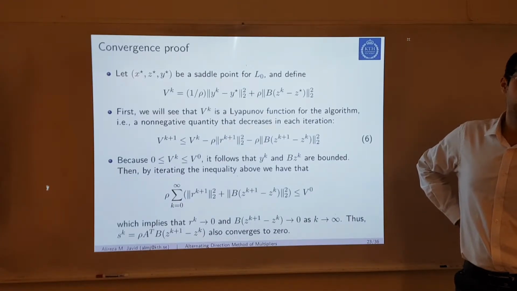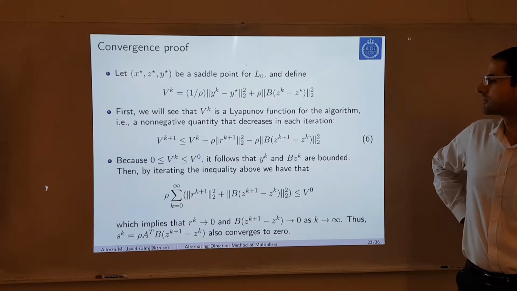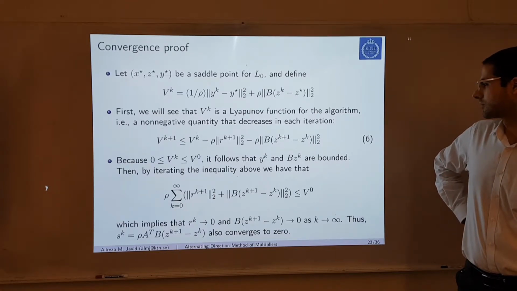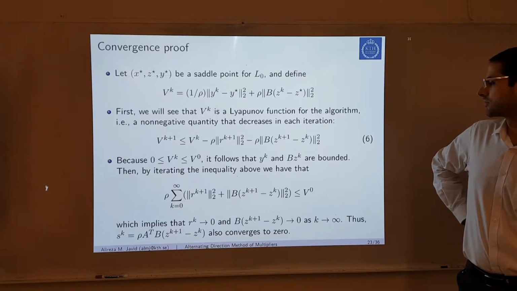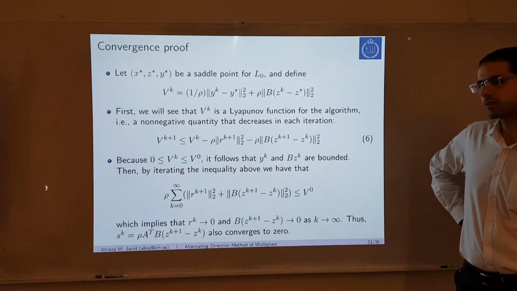Yes, I'm just saying that that should be an assumption: that yk minus y star should be bounded and zk minus z star should be bounded. So the initialization of the algorithm should be within some bounded distance, in terms of norm 2 distance, with respect to the optimal solution. Yeah, maybe I missed something.